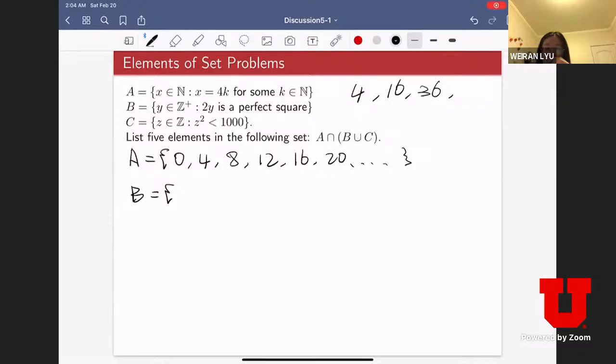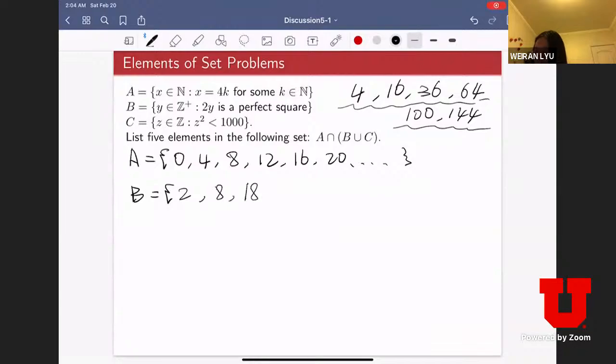And then 64, and then 100, and 144. And those are the 2y. And in terms of y, that's just going to be 2, 8, 18, 32, 50, and 72.